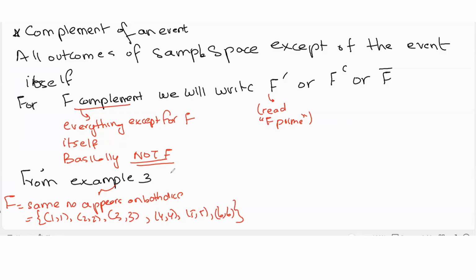From example 3, we know we can write F complement as F prime, or a small c on top of it, or F bar. The complement of F will be everything except for F itself, basically not F.